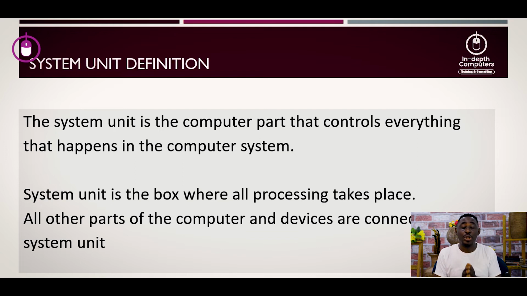Now, the system unit is the computer part that controls everything that happens in the computer. The system unit is the box where all processing takes place. Do you understand? All of the computer parts are connected to the system unit. Now, let me explain further.